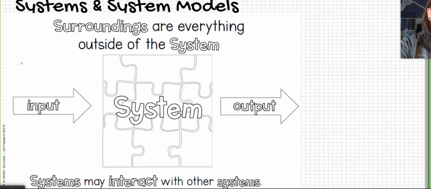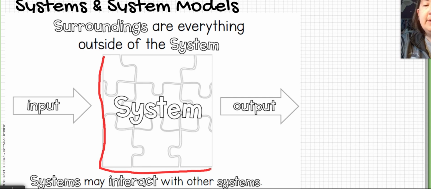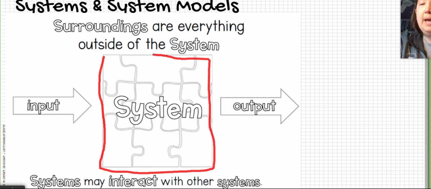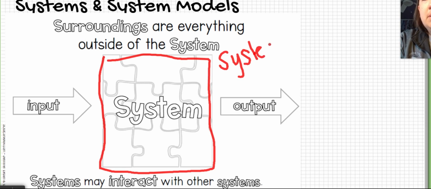We're going to look at systems and the different parts or components that make them up. So make sure you got some color handy. We're going to start with the system itself. So around every system, we have what's called the system boundary.